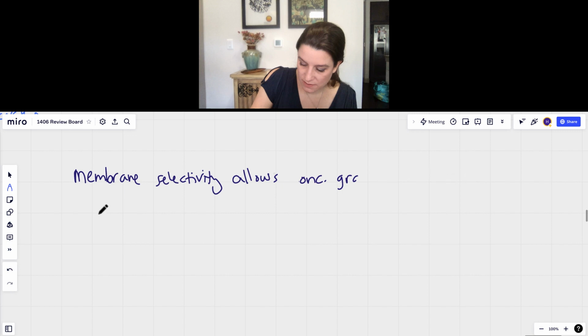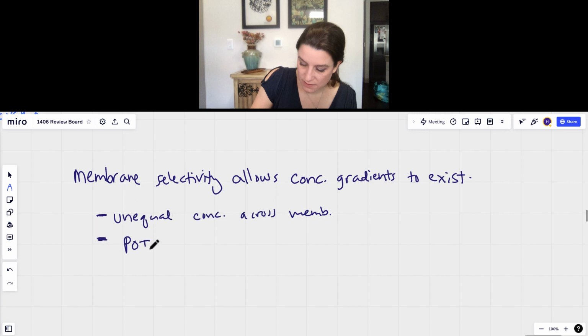Why is this important? Okay, what is a concentration gradient? It means there's an unequal concentration across the membrane, more inside or outside. Why is this important? Because it's potential energy. Potential energy is stored energy.